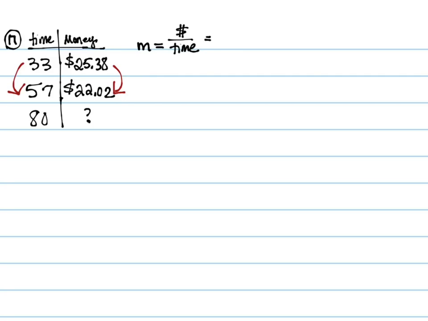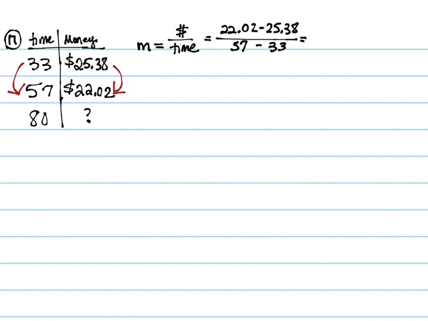And if you take a look, the money goes from, if we look at the most recent time, 22.02 minus the 25.38. And then the time is 57 minutes minus 33 minutes. So how much difference is there in the dollar amount?